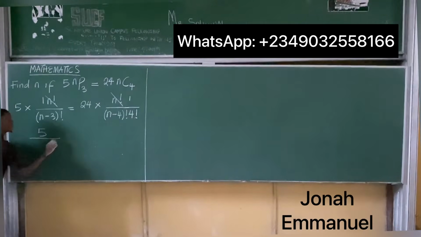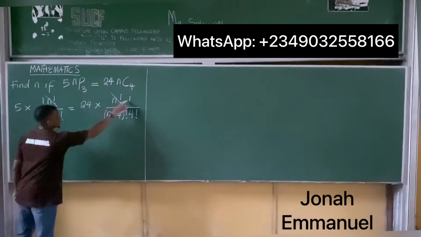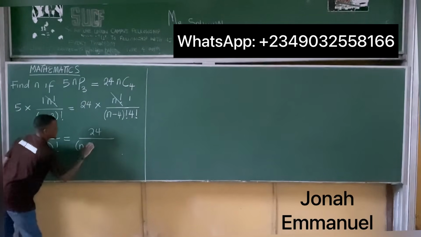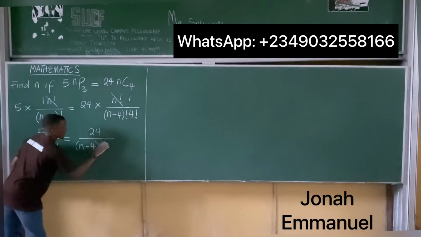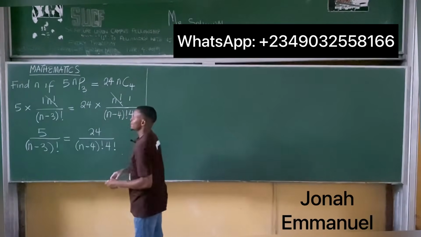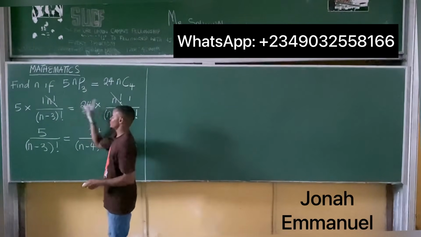That's 5 all over n minus 3 factorial is equal to 24 times 1 is 24 all over n minus 4 factorial times 4 factorial. So observe that I didn't have to wait to start reducing this first to cancel this. You can cancel like this directly.